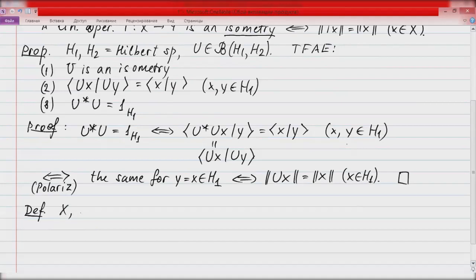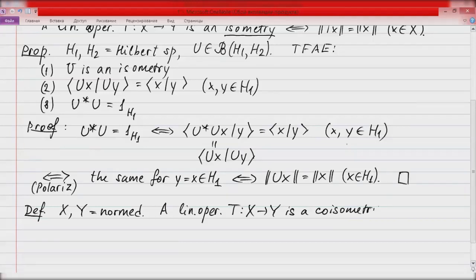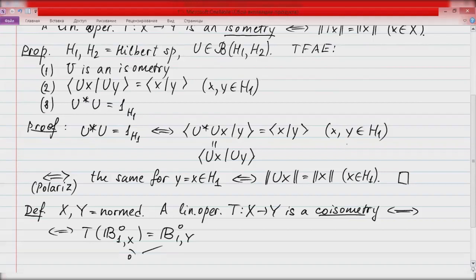If we have two normed spaces, X and Y, then a linear operator T from X to Y is called a co-isometry if it takes the open unit ball of X onto the open unit ball of Y. So these two sets denote the open unit balls.